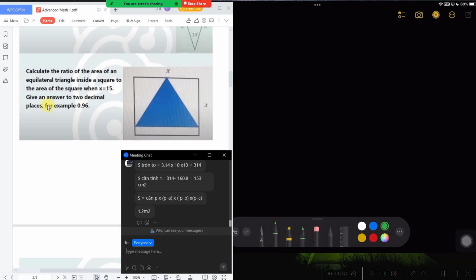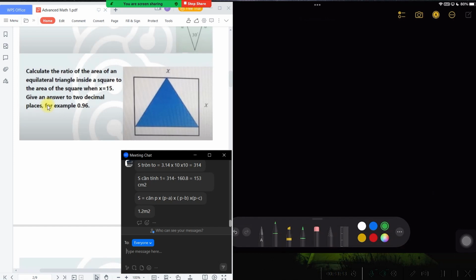What is this? Calculate the ratio of the area of an equilateral triangle inside a square to the area of the square when x equal to 15. Các bạn phải tính cái gì? Tính tỷ lệ nha, của cái diện tích của một cái hình tam giác mà đều.